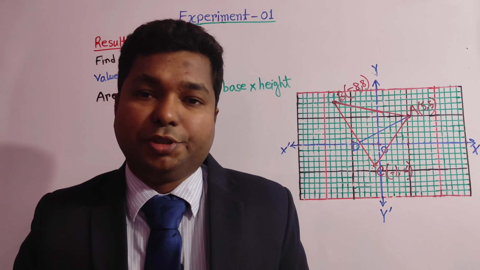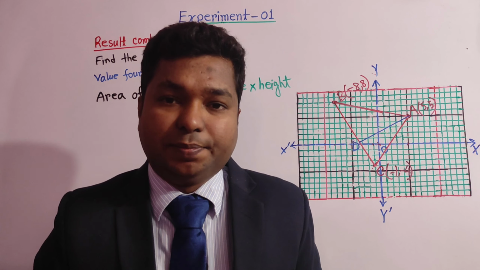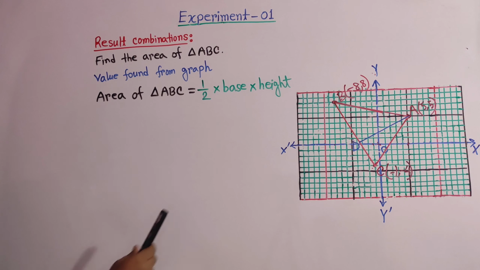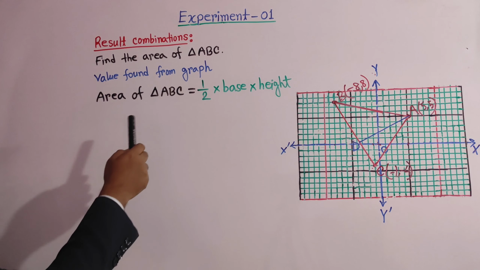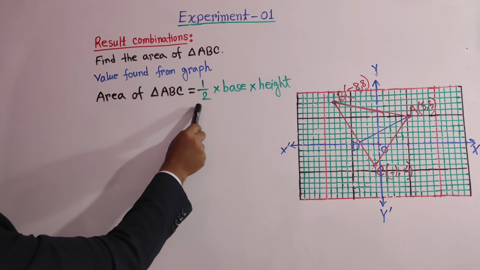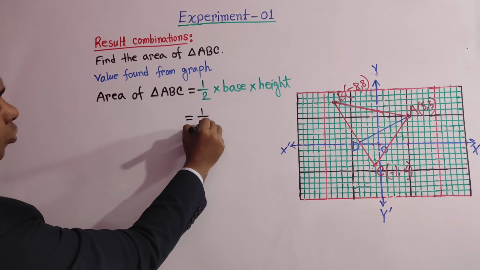Now the result. In this step we find the area of triangle ABC from the graph paper. We know the formula: half into base into height. So we can write half into base.